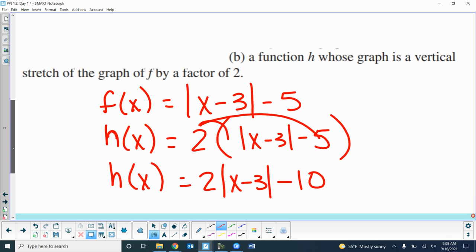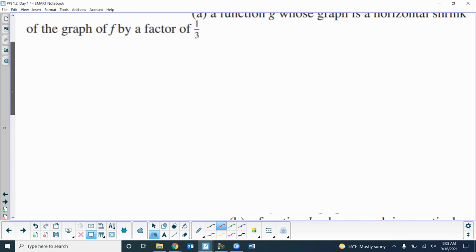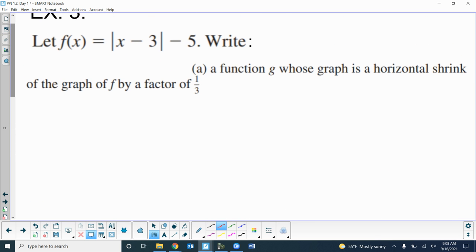We got time to do that other one. I didn't know if we'd have time. All right, so this is horizontal, right? Remember, when it's horizontal, it's the reciprocal. What's the reciprocal of 1/3? 3/1, right? So we just do it for the x, right? This is function g.